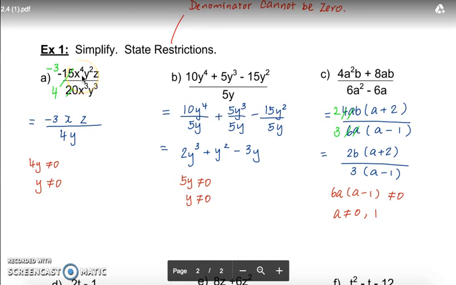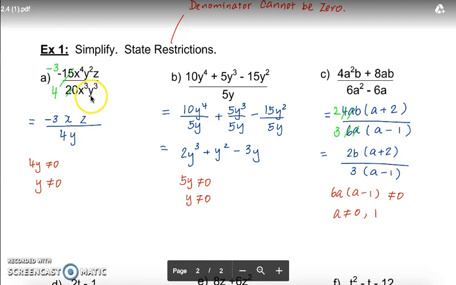X to the 4th divided by x cubed is x. So here's x. You have y squared divided by y cubed. Notice that you will end up with y to the power of negative 1, or simply put, you have 2 y's cancelled out and 2 y's in the denominator, so you end up with 1 y in the denominator. And z is just z.